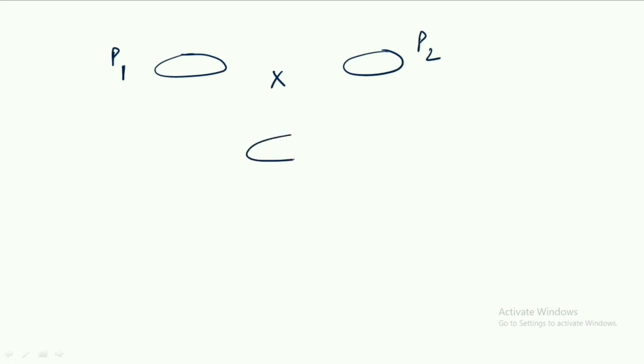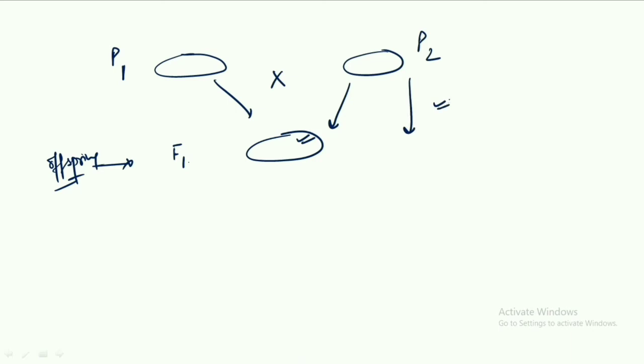Now we have the formation of the offspring, that is the F1 generation. How are the characters from both of the parents transmitted to the offspring, the F1 generation? How does this complete mechanism occur? This is what we study in the Mendelian principles.